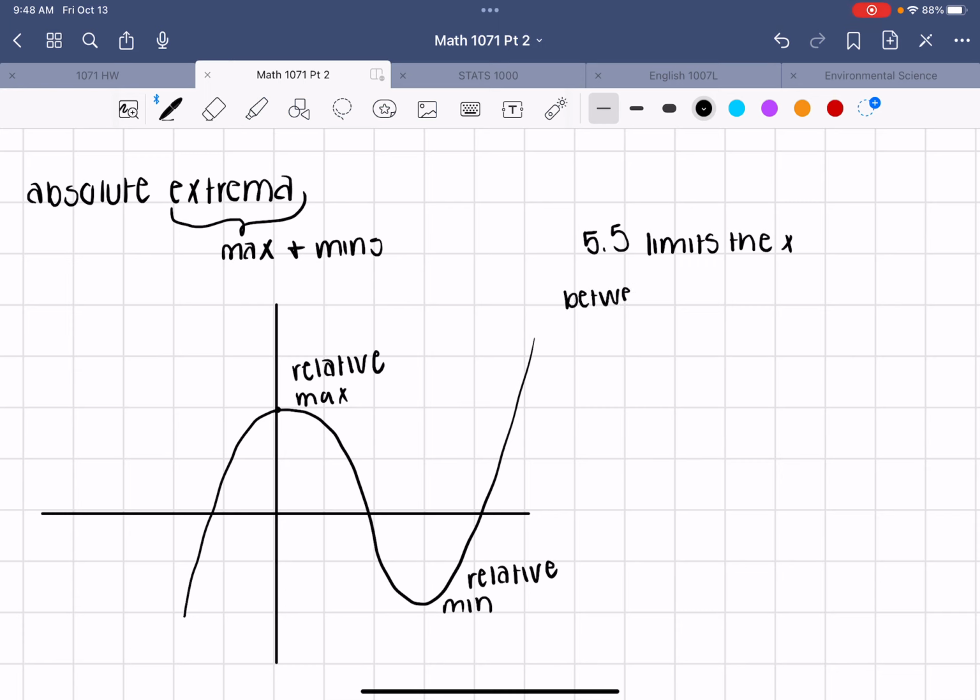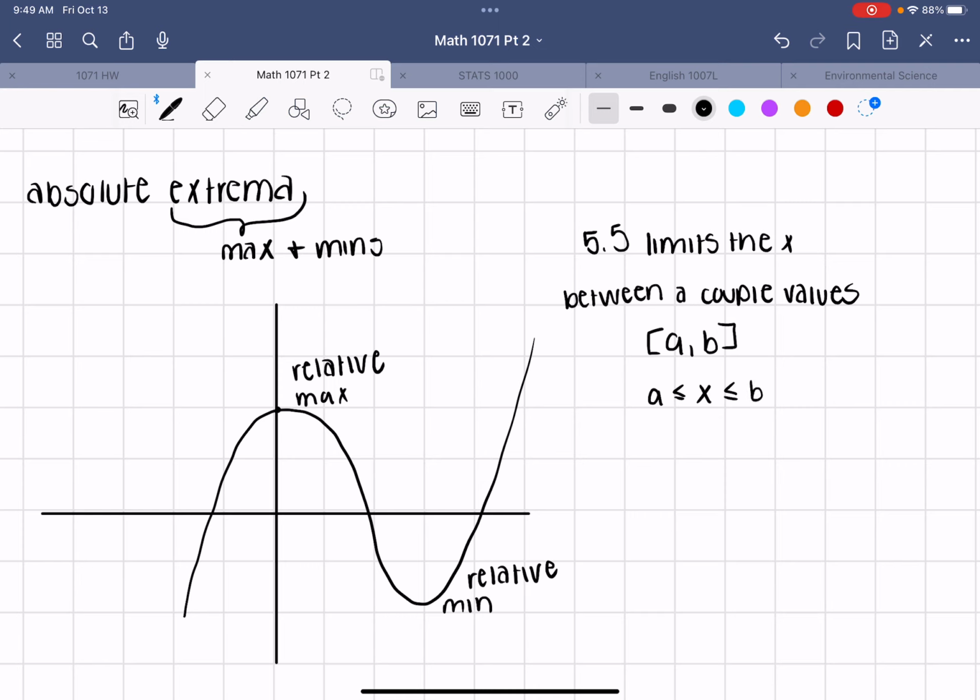So, in practical applications, how much you can produce, how much you can sell, there are limits. You can find an A and a B so that x is strictly between A and B. In that case, if you restrict a continuous function to a closed and bounded interval, there will be absolute extrema.